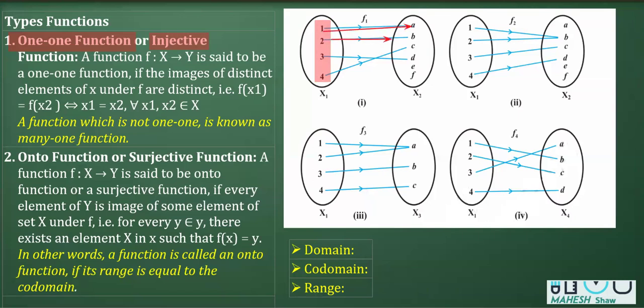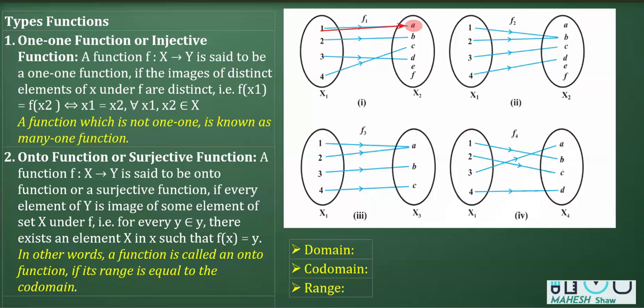Or conversely, we can say that no two elements in the second set are the image of two different elements. Now more clarity will come as we do the next part.